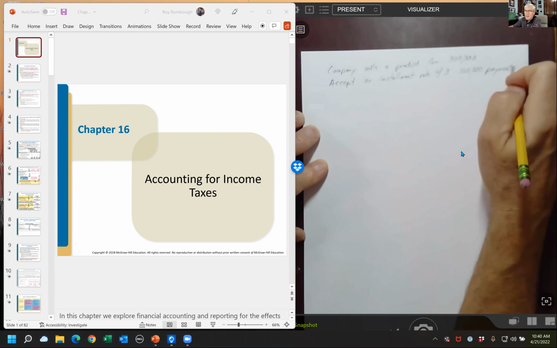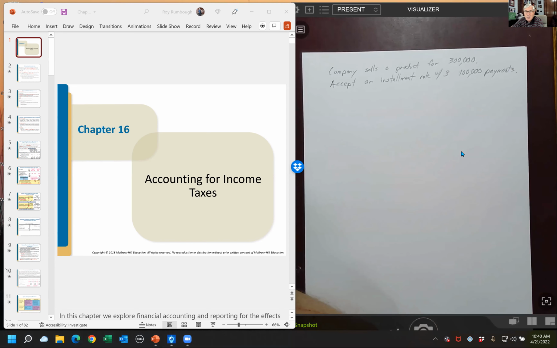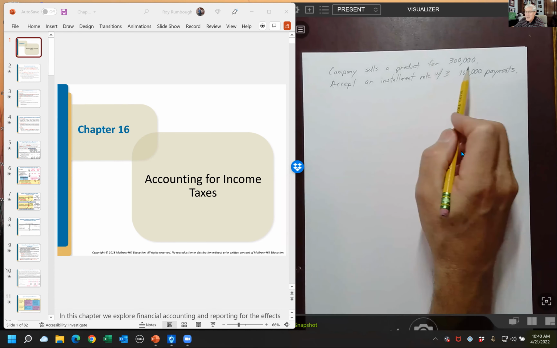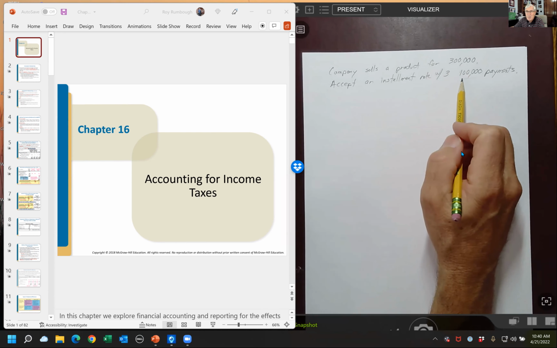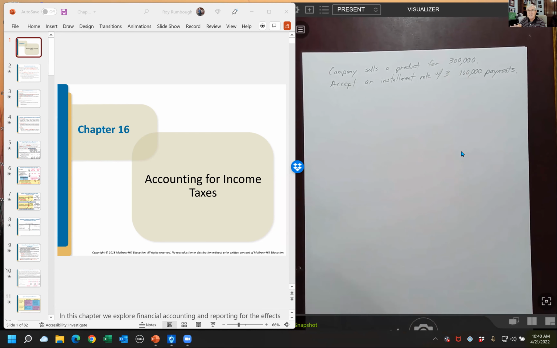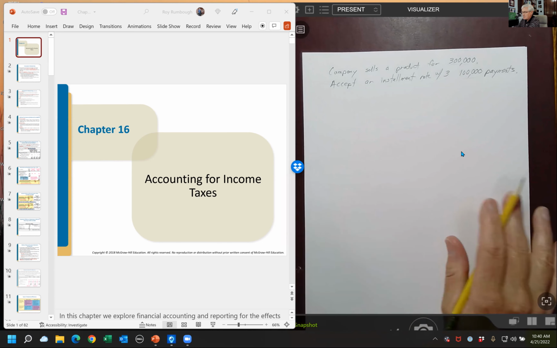Now, for the interest of simplicity, I'm going to ignore the time value of money, because you know that we would discount these three $100,000 payments using the appropriate market interest rate, and we would not record a full $300,000. So bear with me, because I know you know better than this, but I'm going to ignore the time value of money just to keep this simple.